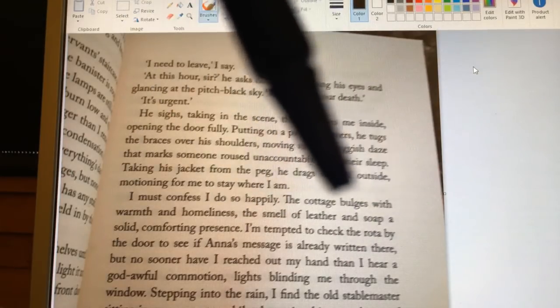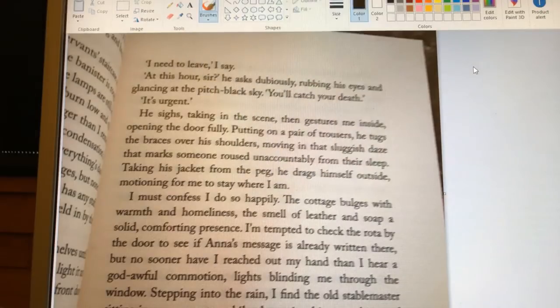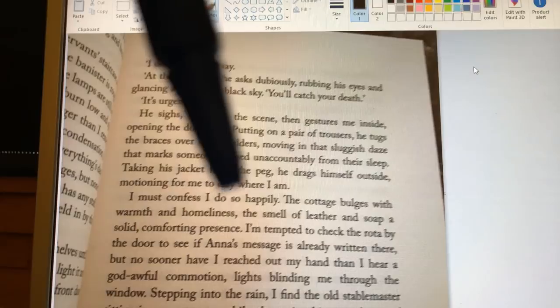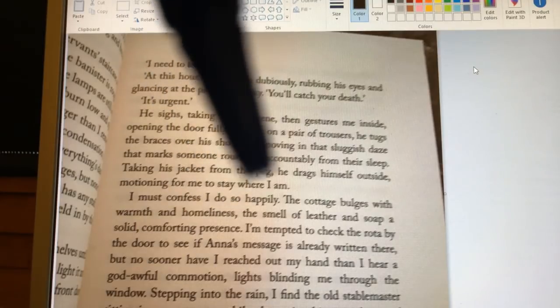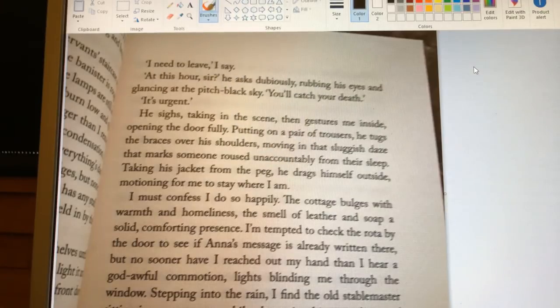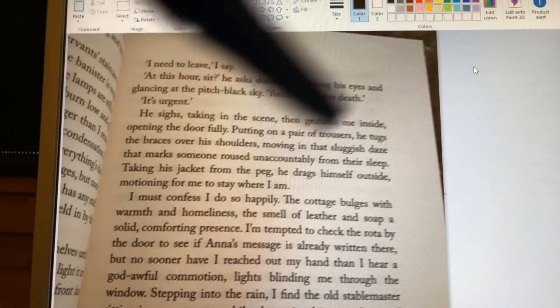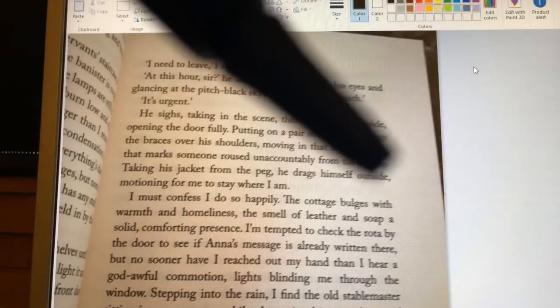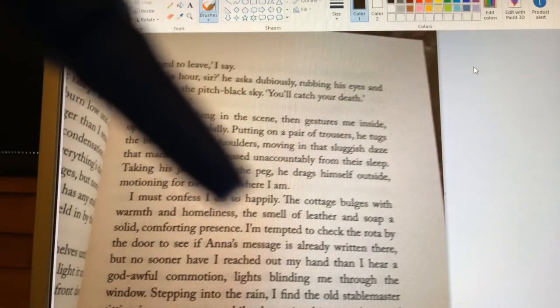The smell of leather and soap is being equated with a solid, comforting presence. So this comma here is for the absolute phrase, although this is quite an exotic type of absolute phrase. And absolute phrases, they're always characterized as noun phrases after main clauses, and then you'll have some other modifiers or another noun phrase in apposition, which is what we have here. So that's why we need that comma there.